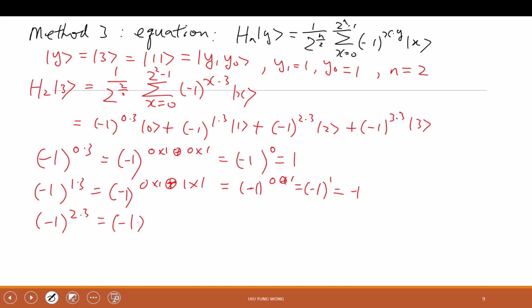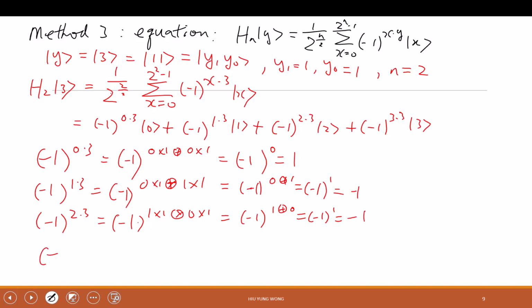What is 2? 1, 0. So it will be 1 times 1 exclusive or 0 times 1. Very good. So it's negative 1, 1 exclusive or 0. You're negative 1, right?